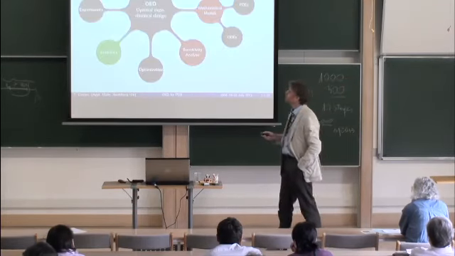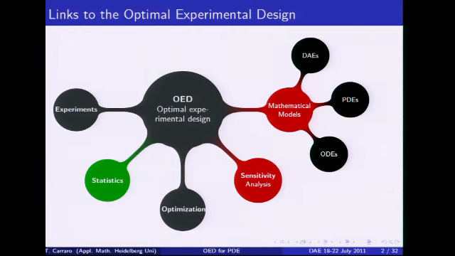And I consider the optimal experimental design as a link between the mathematical problems, which are in my case differential equations, especially PDE. OED is a link to the experiments, of course, as we have seen in several contributions here. But I consider this as an optimization tool which has its aim to optimize the sensitivity of an optimal point.